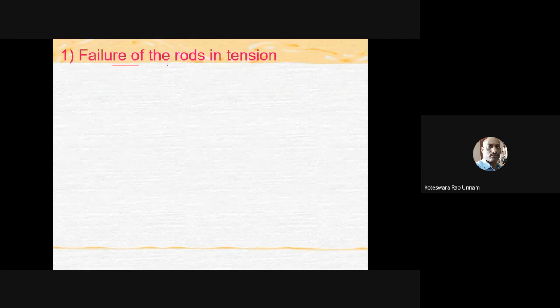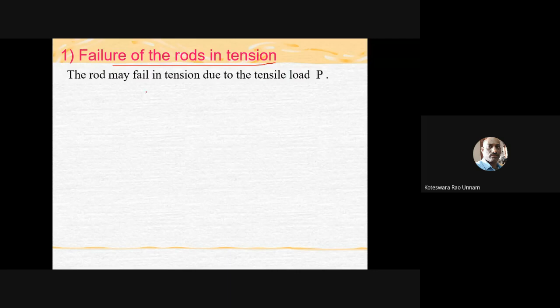First, failure of the rods in tension. The rod may fail in tension due to the tensile load P. For that, your equation is the applied load P should be equal to the tensile strength of the rod. Tensile strength of the rod is nothing but the area of the rod multiplied by its tensile strength, that is sigma t.